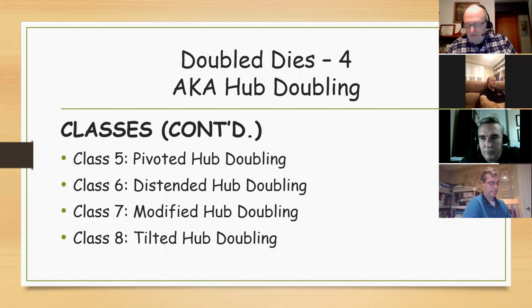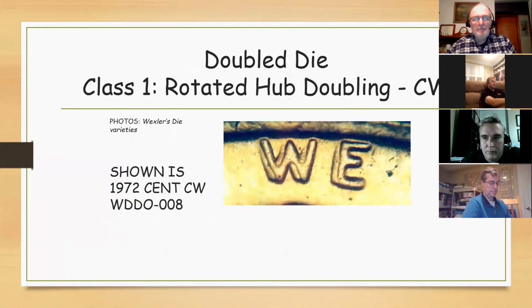Distended doubling is when the die receives an additional hubbing from a hub that was distended, meaning that it might be starting to wear, it might have been a bad master, but it's just not giving a nice clear stamping, and you'll see that when we get into each one of these. And tilted is when a die or hub is tilted during the hubbing process. Okay, all sounds dandy, but now let's look into the real meat of it.